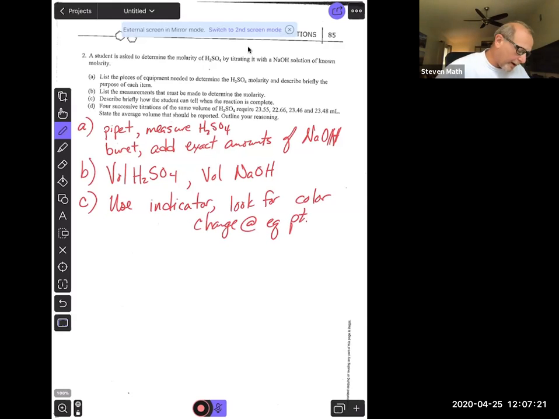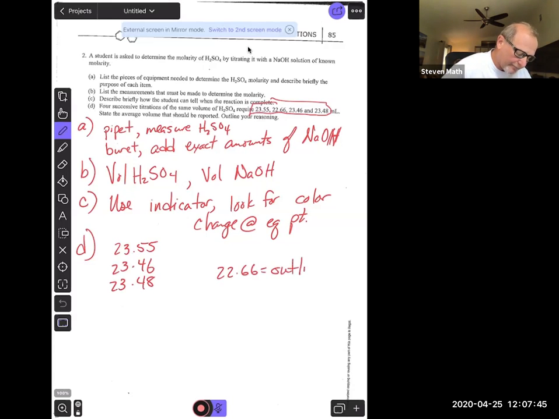Okay, no problem. Now, 4 successive titrations were made here, and we've got these 3 pieces of data. I've got 23.55, 23.46, 23.48. Guess what? 22.66, we're going to call an outlier.